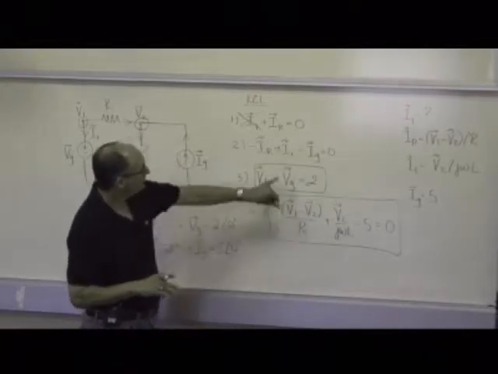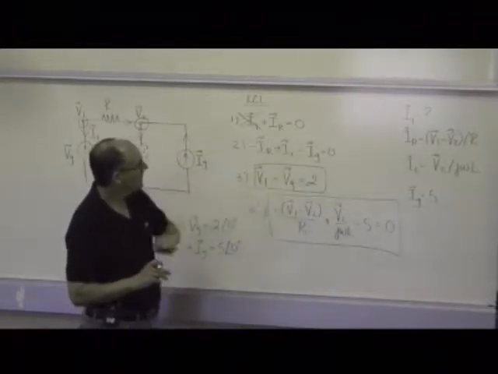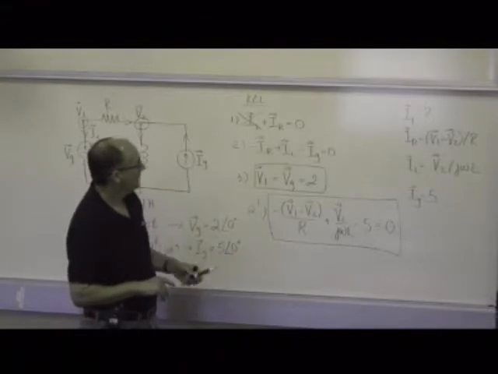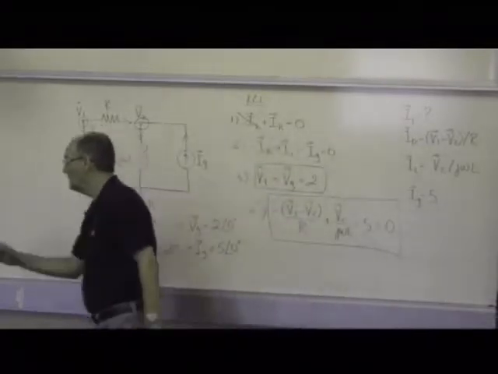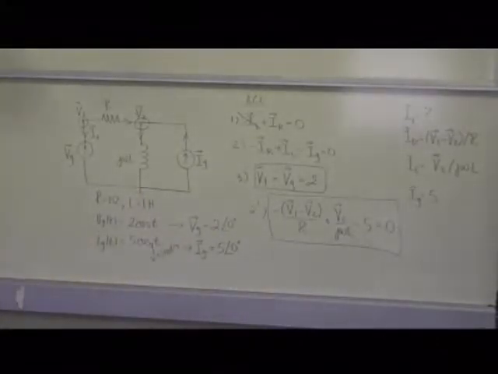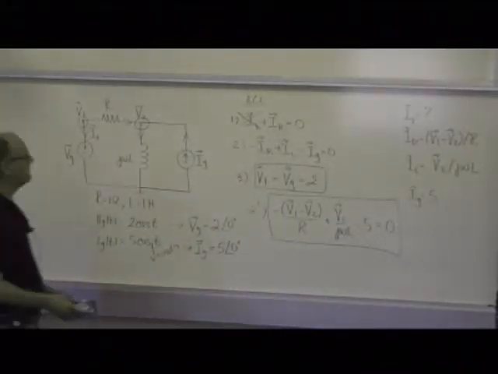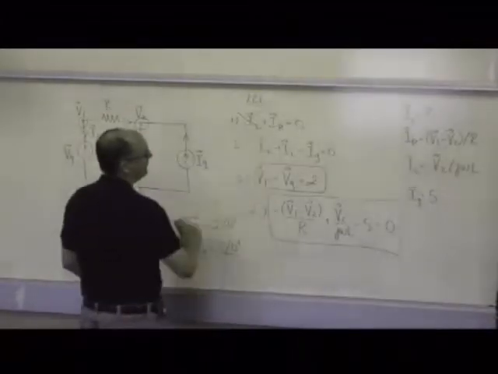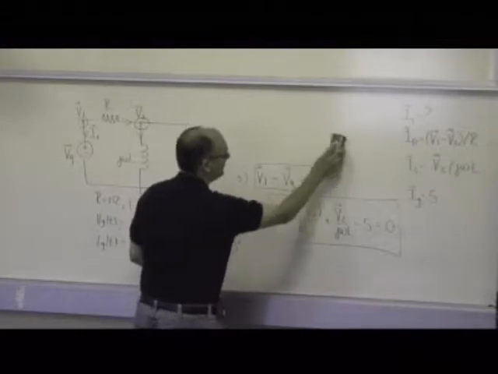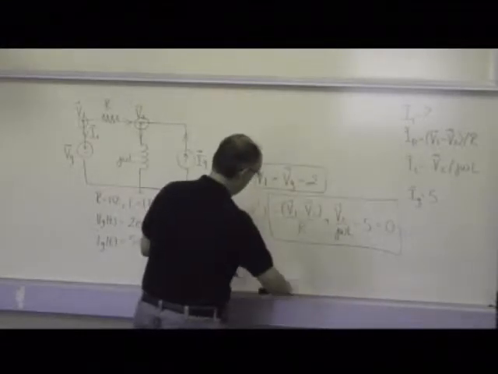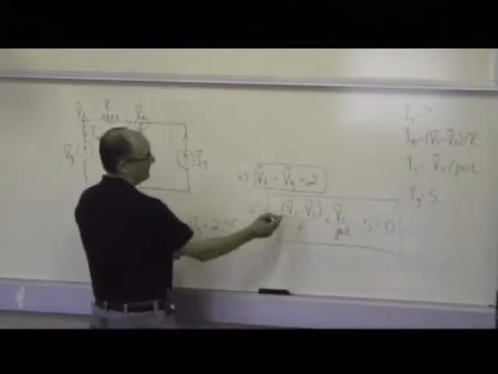So, now that we have these 2 equations, I can sort them out specifically. We will get the eraser. I can now get rid of these 2 and rewrite my node voltage equations in the following way. Let me take this one first.